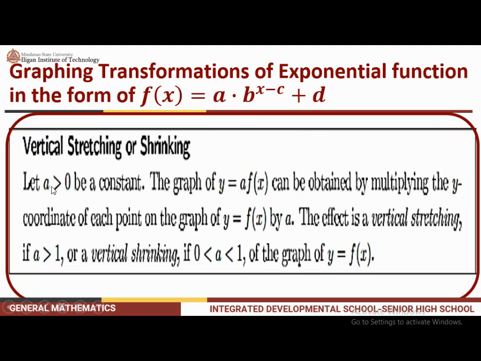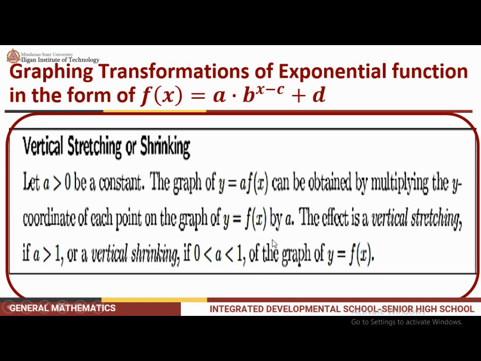So, let's define first what is vertical stretching or shrinking. Let a greater than 0 be a constant. The graph of y equals a times f(x) can be obtained by multiplying the y-coordinate of each point on the graph of y equals f(x) by a.